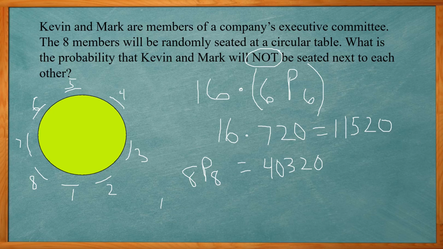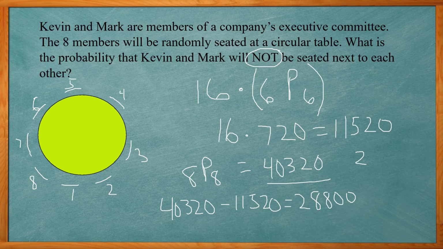Now if I take the 40,320 minus 11,520, that gives me 28,800. Now that's the number of ways that they will not be seated next to each other. And we know the total number of ways everybody can be seated is the 40,320.